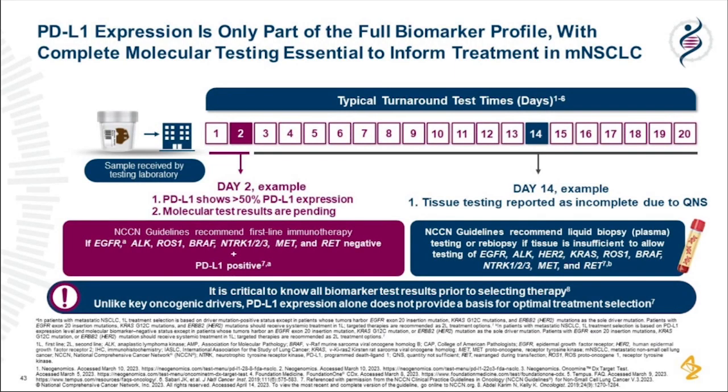When it comes to PD-L1 expression, because it's by IHC, you can get the PD-L1 results on day 2. However, it's still recommended to wait until day 4, until all the molecular tests come back, which in this example is about 14 days, about 2 weeks later. So you want to wait until all of the results are back before initiating treatment.